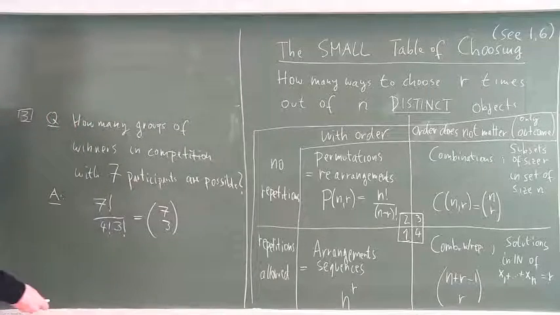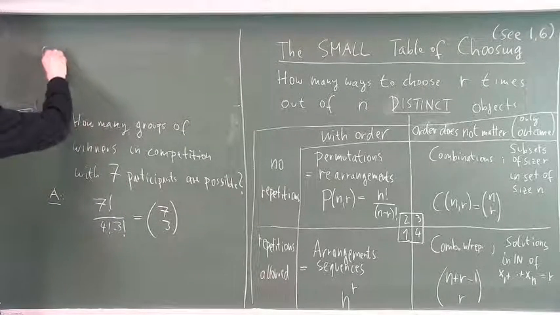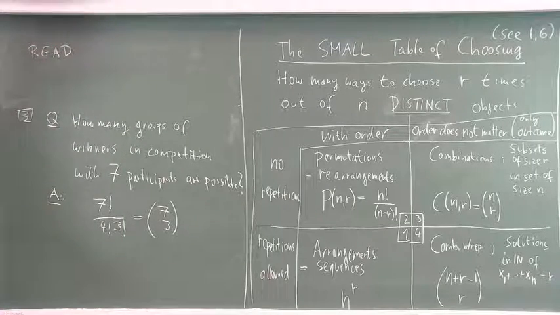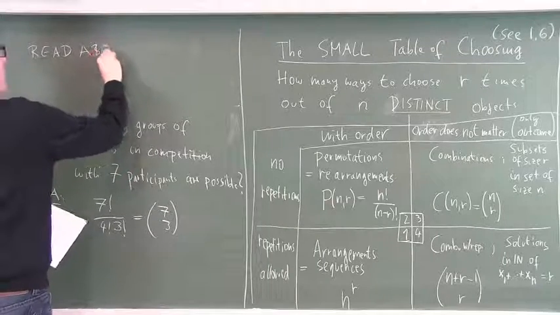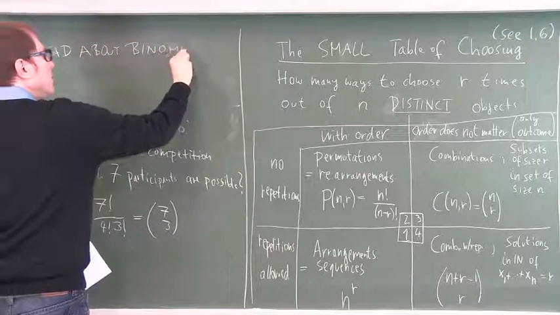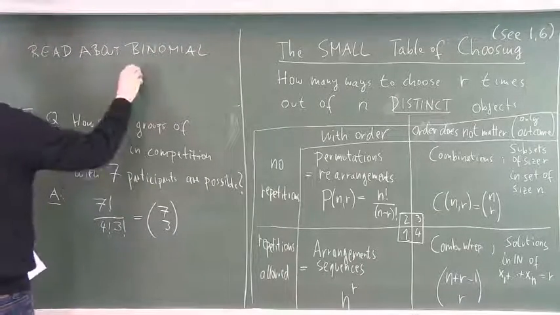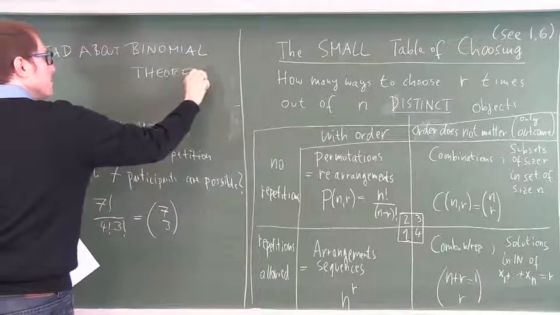So what I want you to do, if you forgot about this, is to definitely read again about the importance of the binomial coefficient in the binomial theorem. So please read about the binomial theorem in the book.